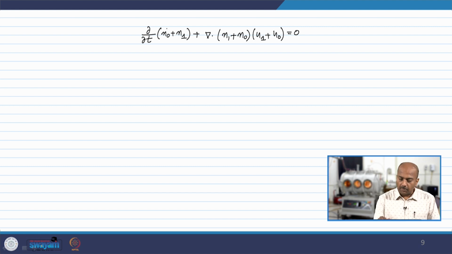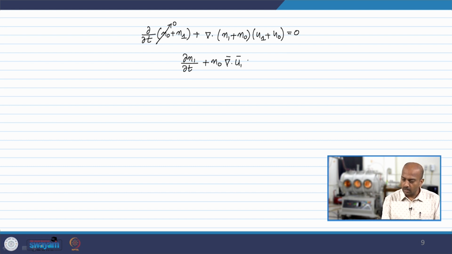The time derivative of n naught is going to be 0, and if you use the basic principle that second order terms in perturbation variables are going to be neglected, we can write the continuity equation as dou n 1 by dou t plus n naught del dot u 1 is 0.